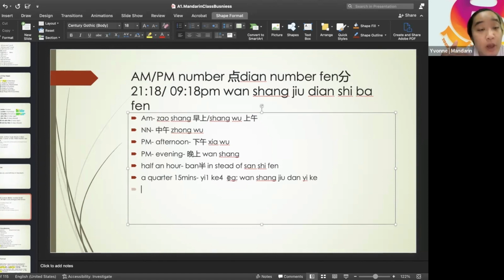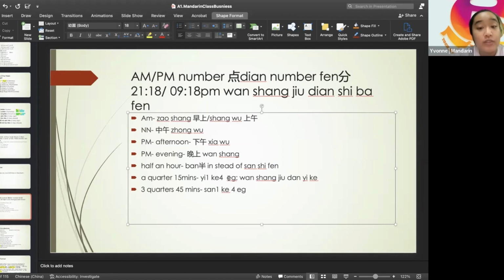Last one will be also related to a quarter. So this is 3/4, which is 45 minutes. 45 minutes. So 15 multiplied by 3 equals 45. So it's 3刻. 3刻.